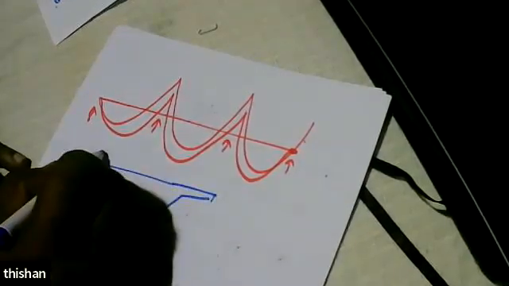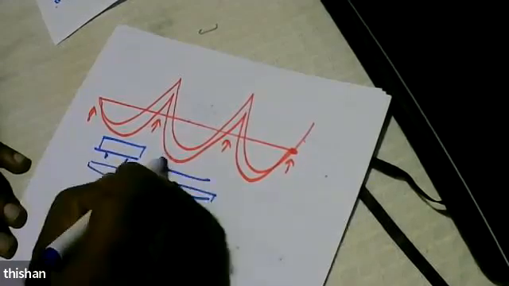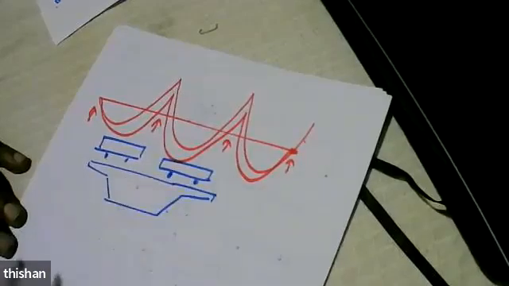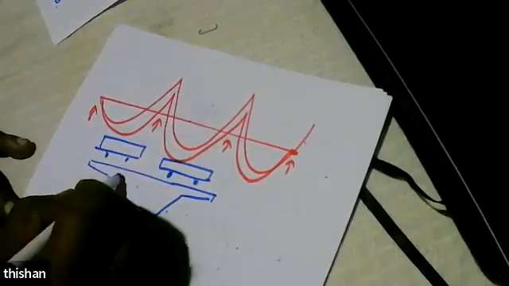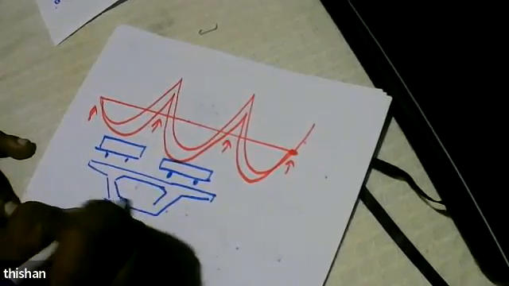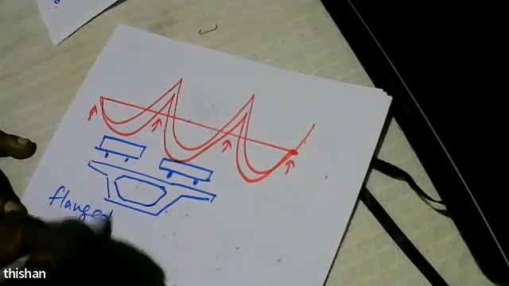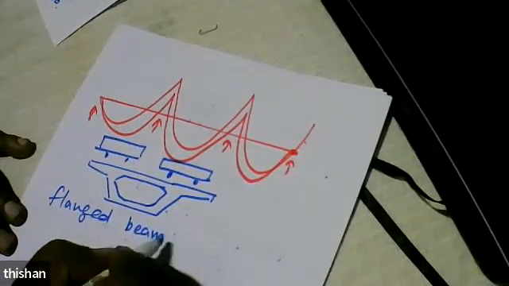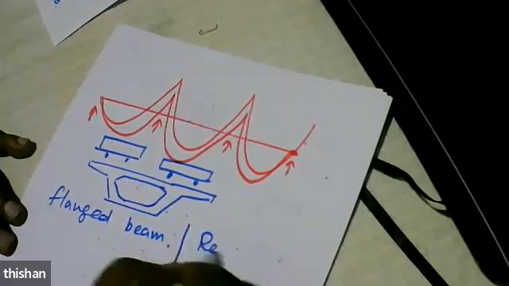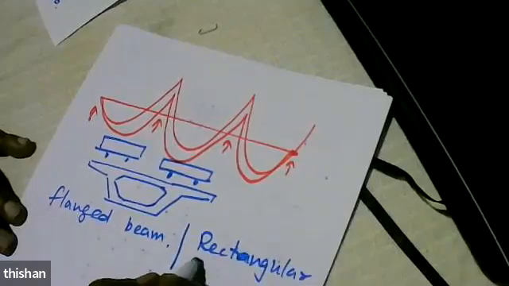Why? Because we are going to have the vehicles here, so we need a wide flange. Anything having a wide flange is a flanged beam. Which one is better? Rectangular beam or flanged beam?